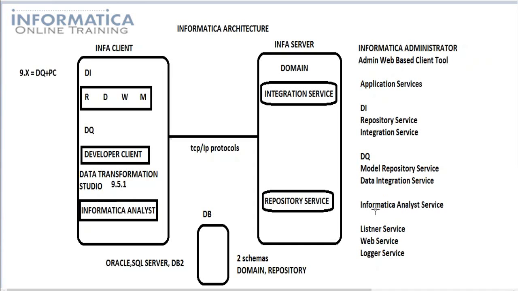If you want to perform data quality within the Informatica Analyst tool, then you have to configure the service for that as well. Based on what operation you want to do, you have to create the service first, and then configure that service within the client tool. That is all we have to perform.